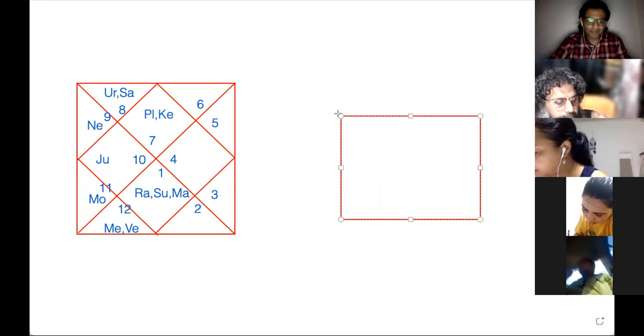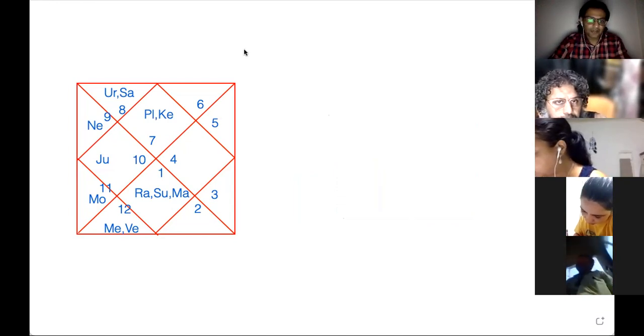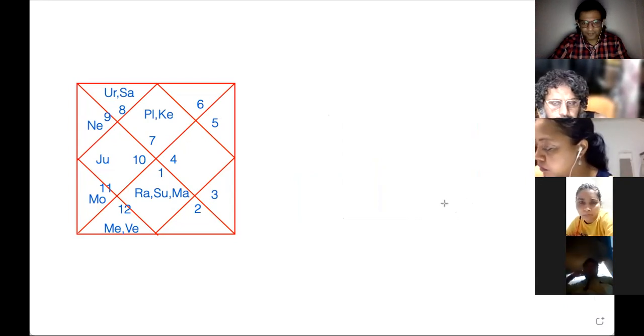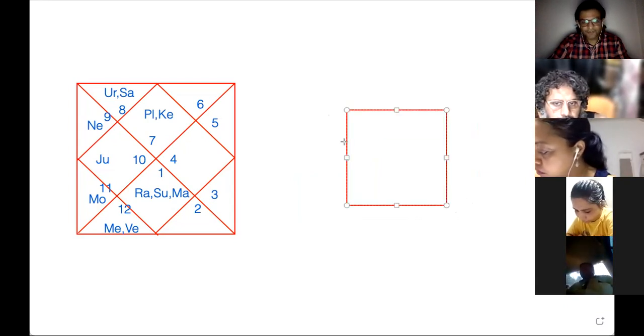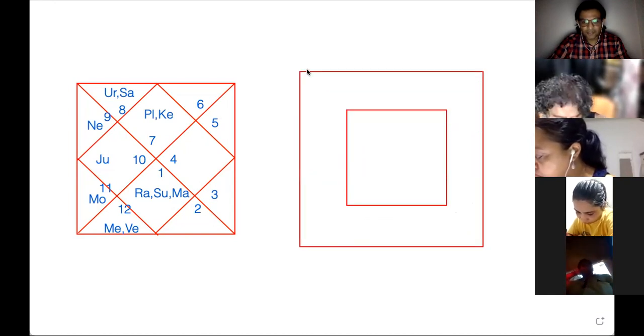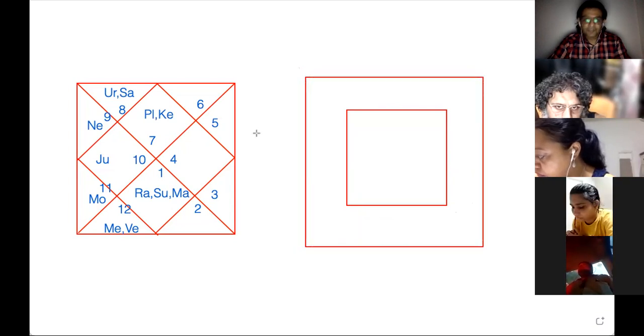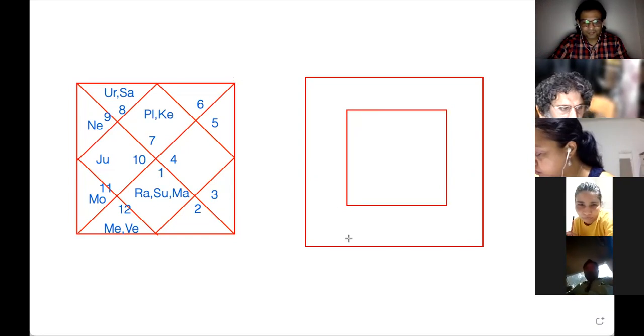It can be a rectangle or a square, we can do it with a square also. Draw a small square and then draw a bigger square outside of it, and then extend these lines. Complete these lines.